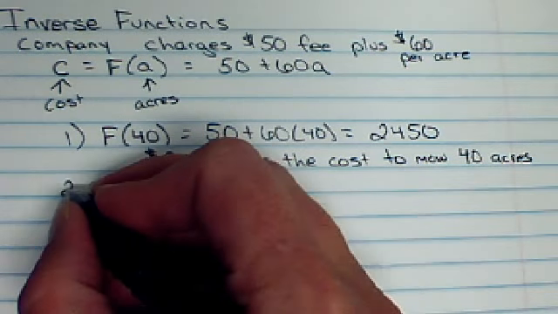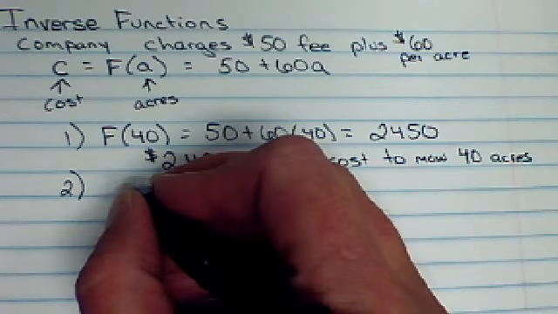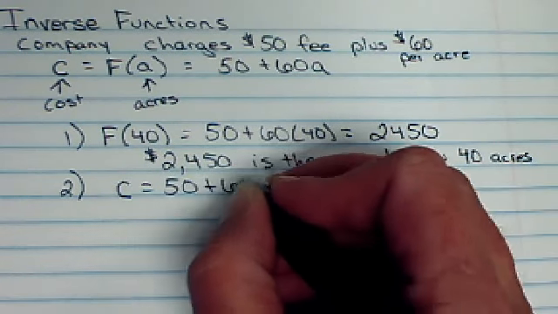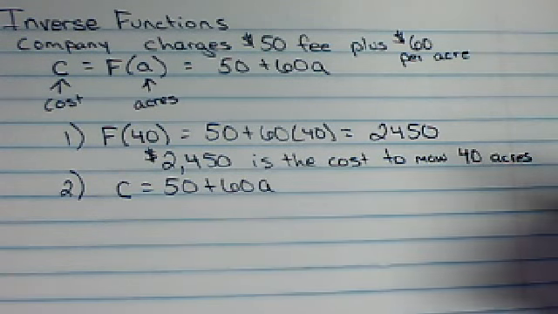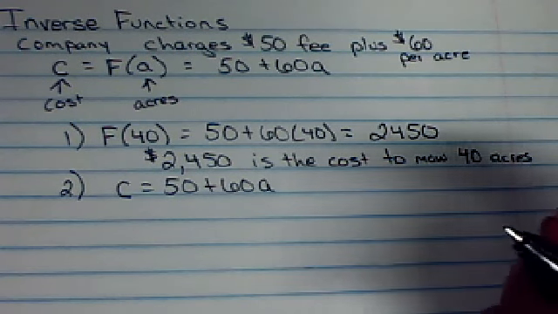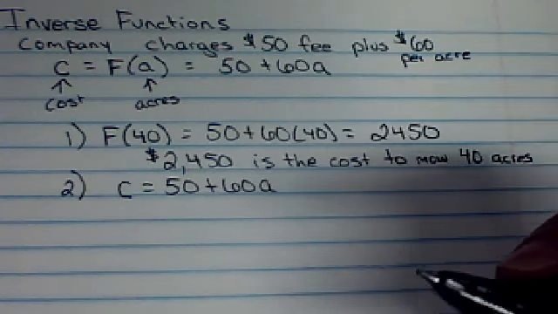So what if we switch it around? We're going to take this function and switch it around. What if I wanted to find the number of acres that I would charge for somebody who wanted to keep their cost at a certain level?